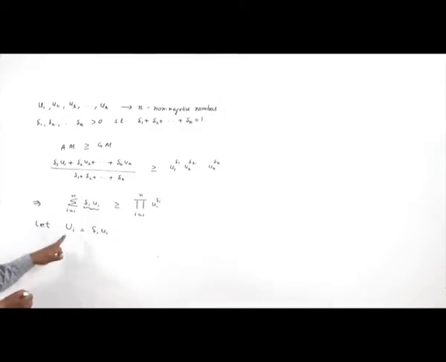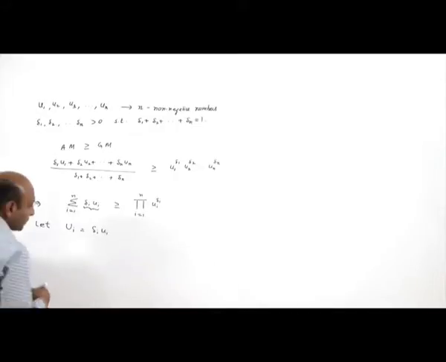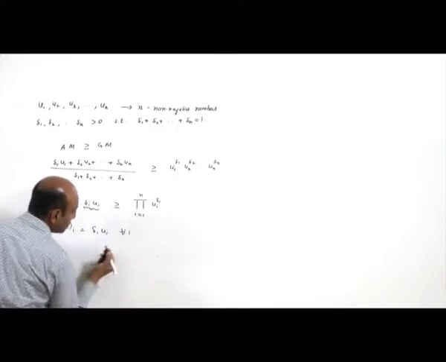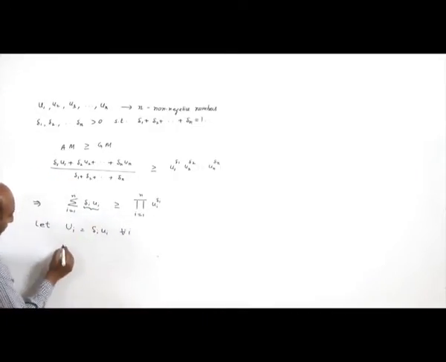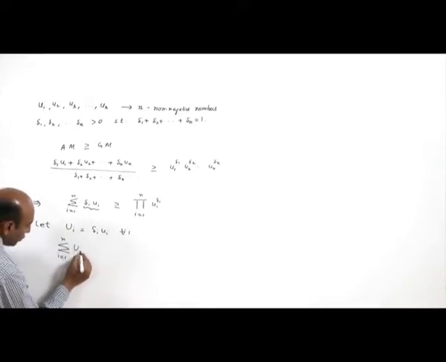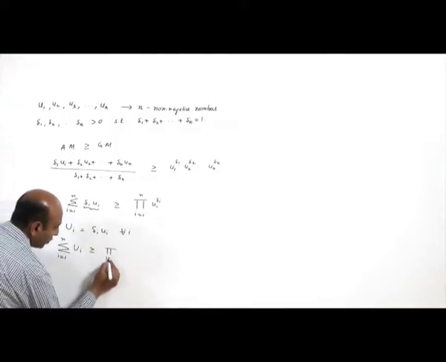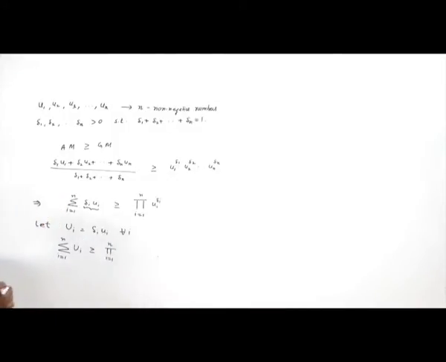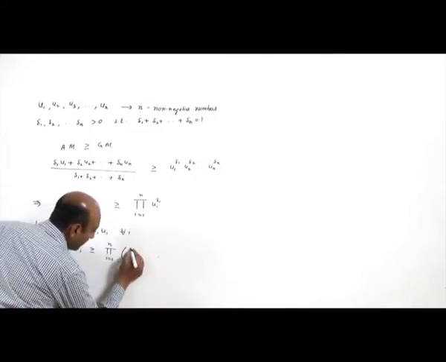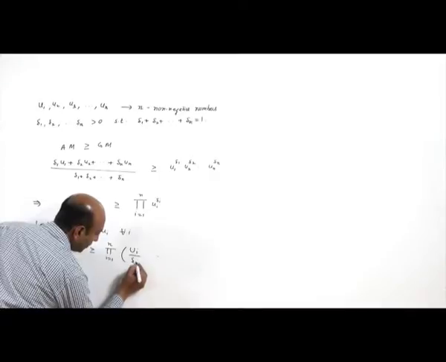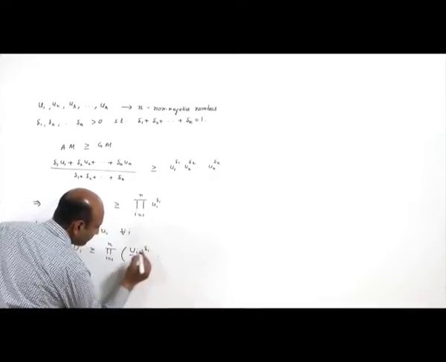If we substitute this, we obtain the summation i running from 1 to n of capital Ui greater than or equal to the product over i from 1 to n of, and the small ui is capital Ui upon delta i, so capital Ui upon delta i whole raised to power delta i.